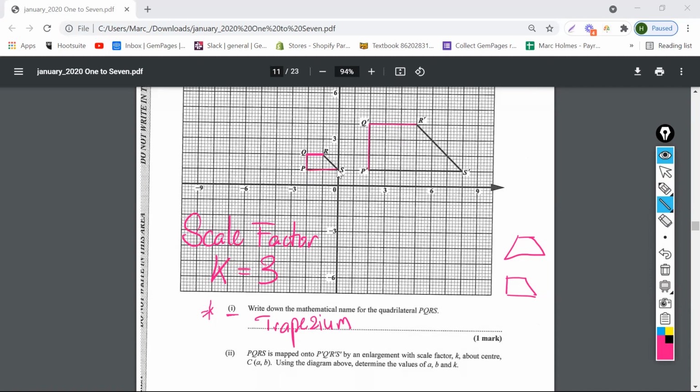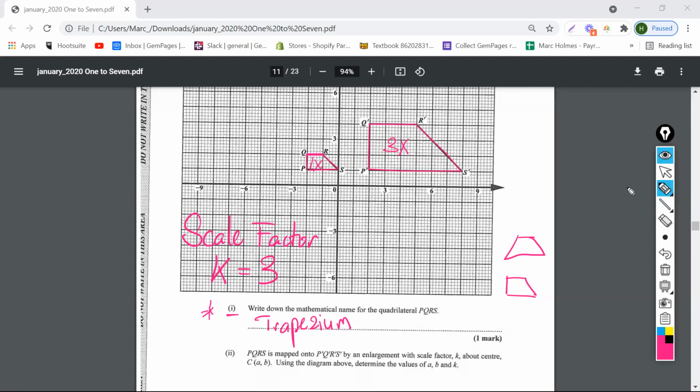Here to here is 2, and here to here is 2, 4, 6. Here to here is 1, and here to here is 1, 2, 3. So this is 3 times the size of this one.